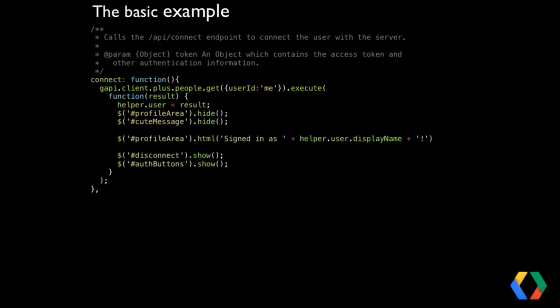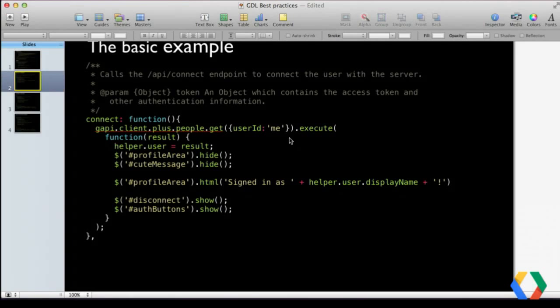Then you can see where I render that signed in as the current user, and where I show the disconnect button and then show the authorization buttons. After that user signs in, that sign-in button disappears, a disconnect button appears, and that user profile appears again. So let's go back and look at that disconnect button.